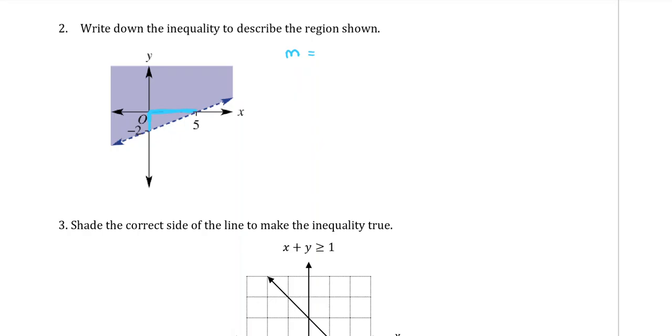The rise of that triangle is 2, and the run is 5. It's going uphill, so it's positive. Then the y-intercept, which we call c, is equal to negative 2. That's the value that it's going through.